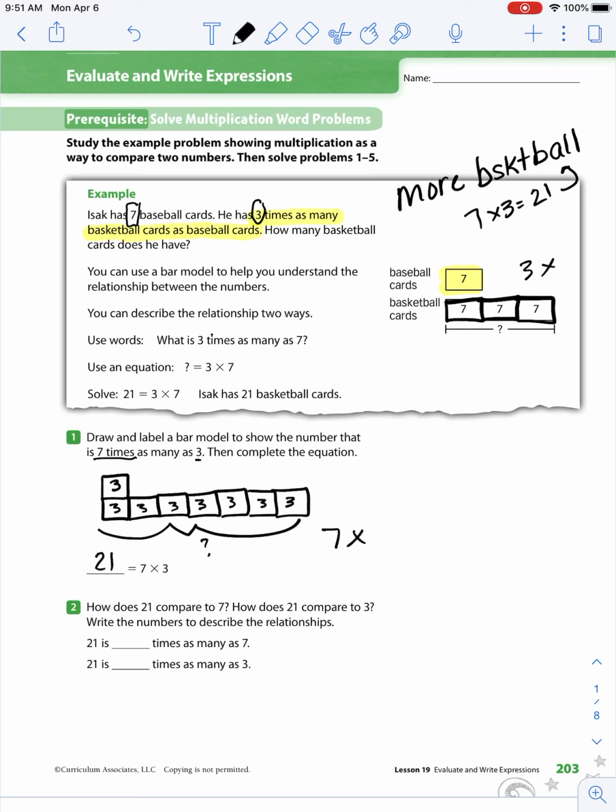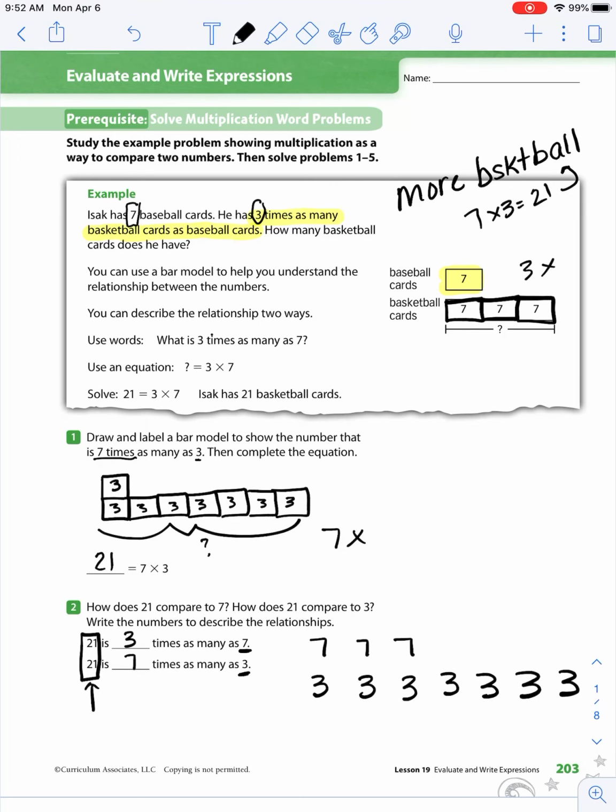So 21 is 3 times as many as 7 and 7 times as many as 3. Because in order to get to 21 from 7, we needed to do 7 3 times. And in order to get to 21 from 3, we needed to do 3 7 times.